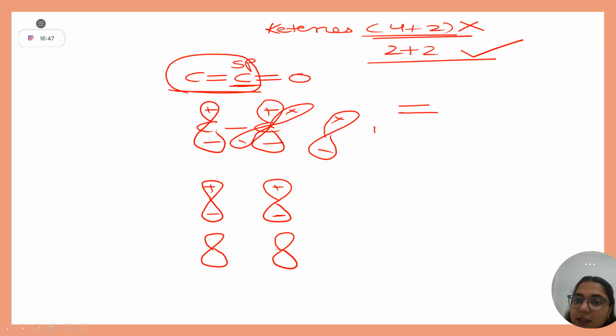Psi 1. Very good. And the orbital sign will be same or different? Same. Good.